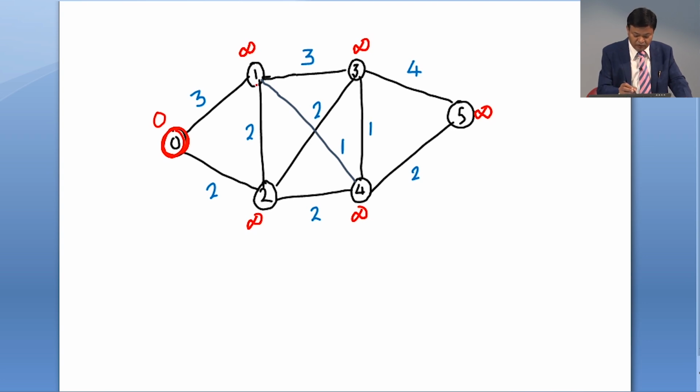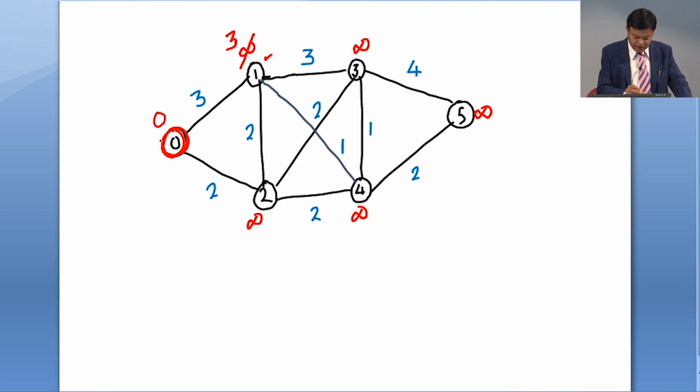See, first node which is directly connected from 0 is 1. Now what is the distance from 0 to 1? 3. So this infinite, because 3 is smaller than infinite, will be replaced by 3.